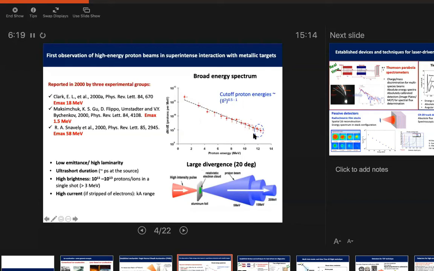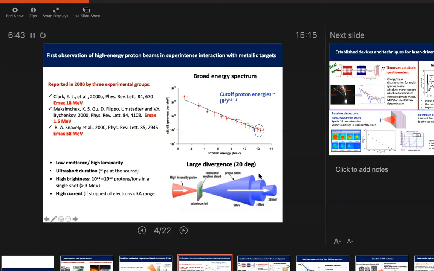In contrast to the conventional acceleration, you don't have a monoenergetic beam, but a polyenergetic beam. So it is very different. Another peculiarity is also the divergence. In fact, you have a very divergent beam, which can reach a value of plus or minus 20 degrees.